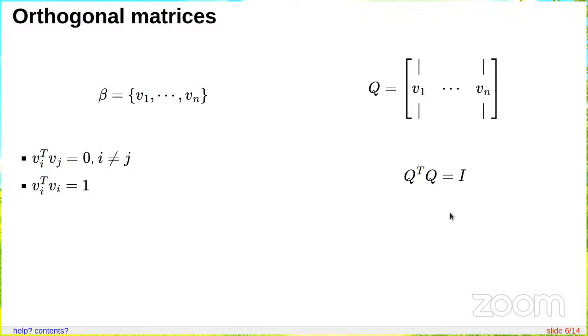So these are called orthogonal matrices, where Q transpose Q equals I. So Q inverse therefore is nothing but Q transpose, right? This is from the basic definition of invertibility: if AB equals I, then B equals A inverse. So this is what we have here. These are orthogonal matrices. So why are orthogonal matrices interesting?